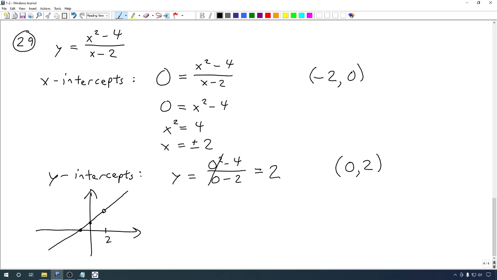So there can't be a point on the curve where x equals 2. Okay?